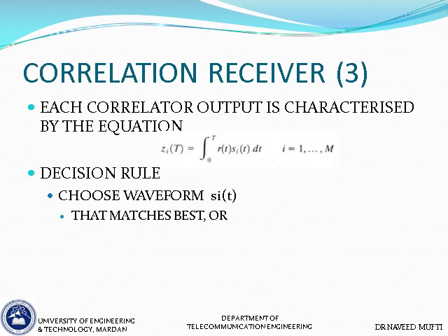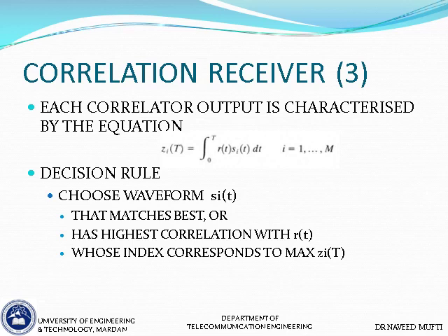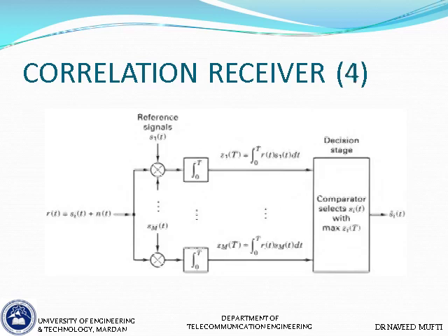So this is what it looks like. The received signal is first multiplied with the reference signals. We have all the reference signals here, known to the receiver a priori, and once we multiply our received signal with the reference signal, we integrate it. This implementation is represented by this equation, and then that's the output.